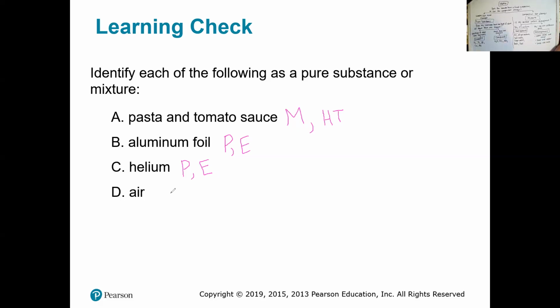It is something that's mixed together and it's not forming any kind of chemical bonds between the different gases that make up air. So this is going to be a mixture. Because it's a gas mixture, it's automatically homogeneous. So we'll write HM for that one. Okay, even though it didn't ask us to do the second part, I think it's good practice anyway.